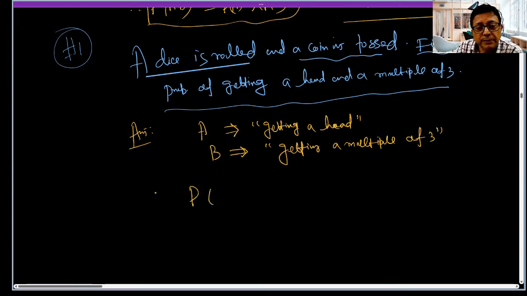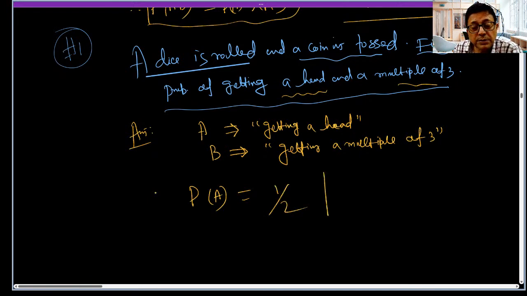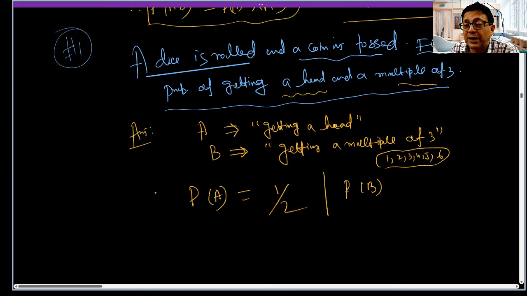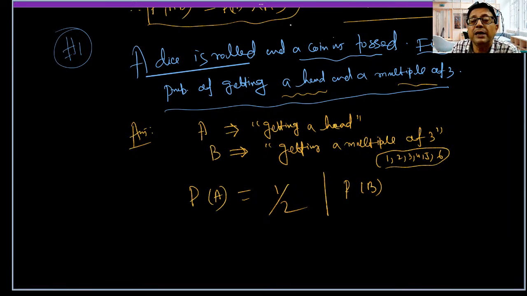So you write P(A), getting a head, that will be 1 by 2, you know. And getting a multiple of 3: 1, 2, 3, 4, 5, 6. Getting a multiple of 3, how many cases will be there? 2 cases. Clear? 3 and 6.